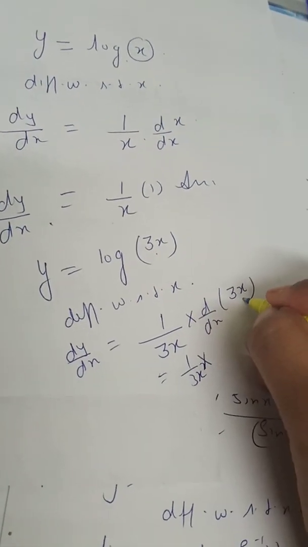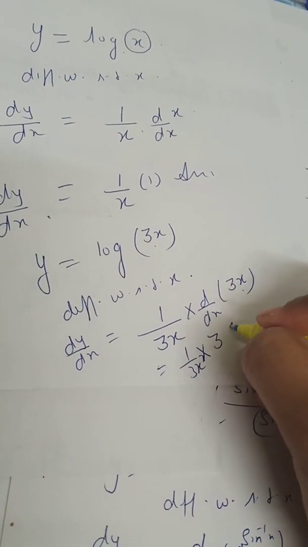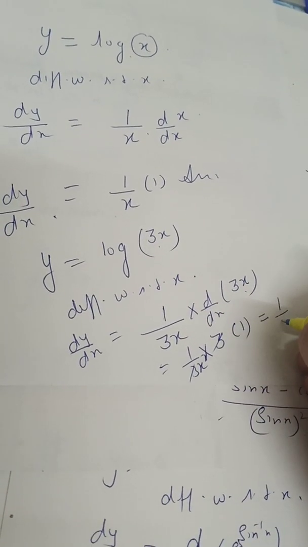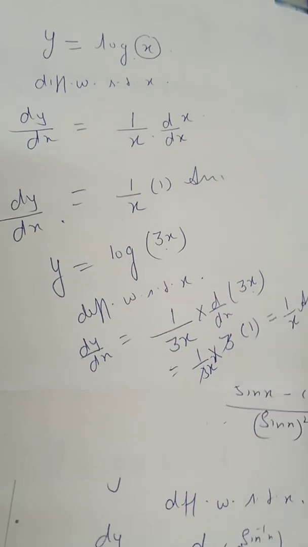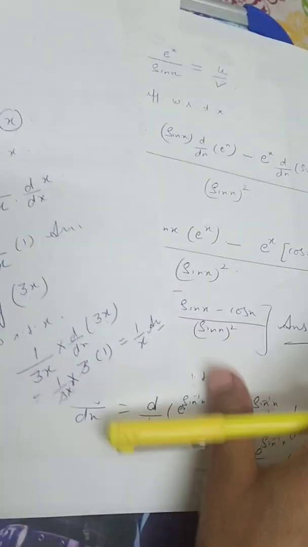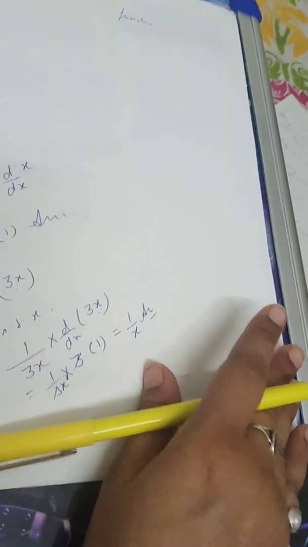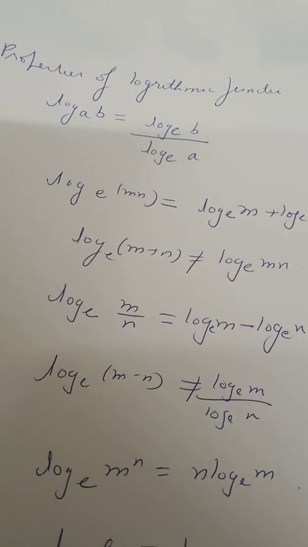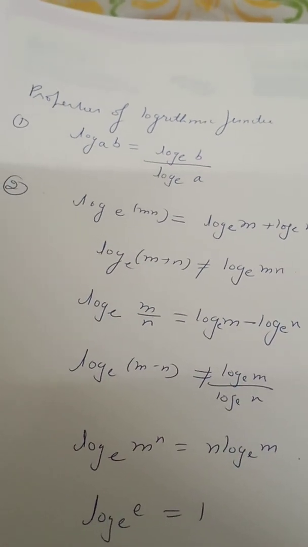Now what is the derivative of 3x? It is 3. Derivative of x is 1. The 3 cancels and the answer is again 1 by x. Students, in this way we will do logarithm functions.